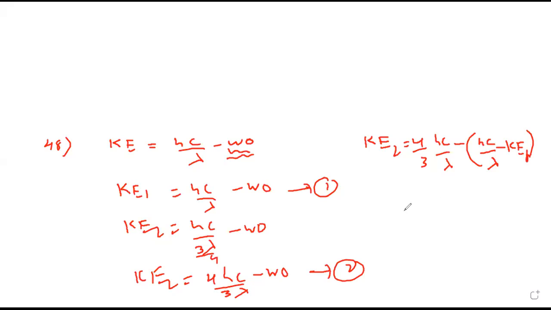So Ke2 will become 4 by 3 hc by lambda minus work function. Work function is Ke minus hc by lambda.